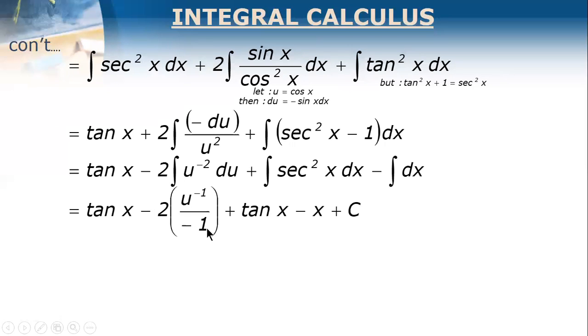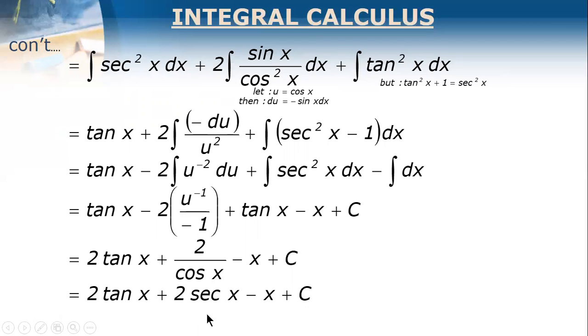So negative 2 over negative 1, that's positive 2. But then you raise to negative 1, transfer to the denominator, this term becomes 2 over u. And then combine tangent x, we have 2 tangent x plus 2 over u. Our u is cosine x. And then the reciprocal of cosine is secant. And for these two terms, you factor out 2. And this is the final answer.